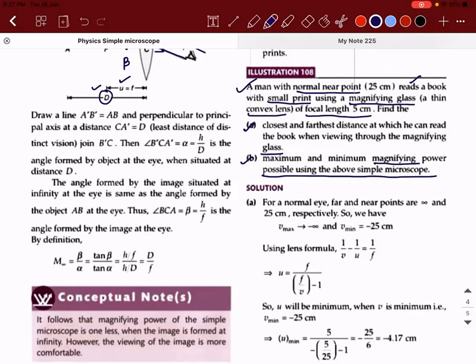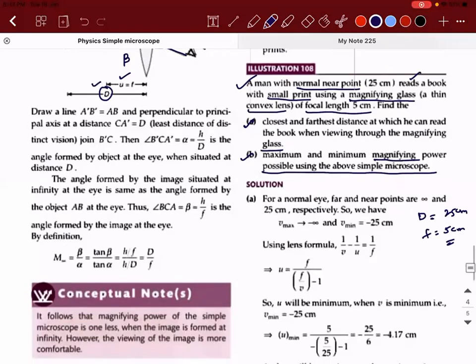So these are the two questions that we need to solve. If you observe, two important points given in the question are D is equal to 25 centimeter and F is equal to 5 centimeter, as simple as that.